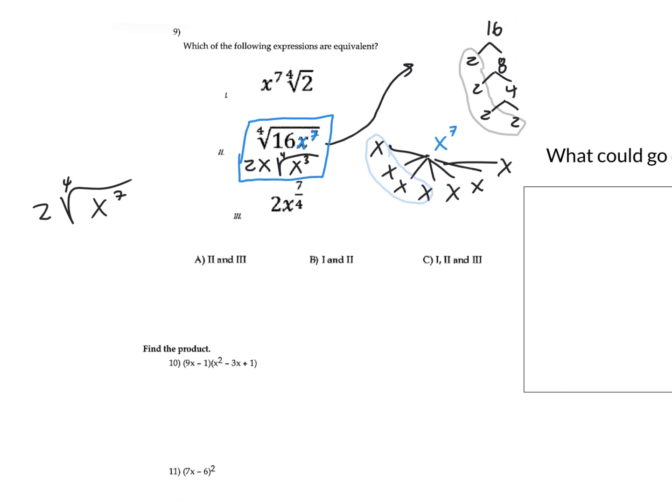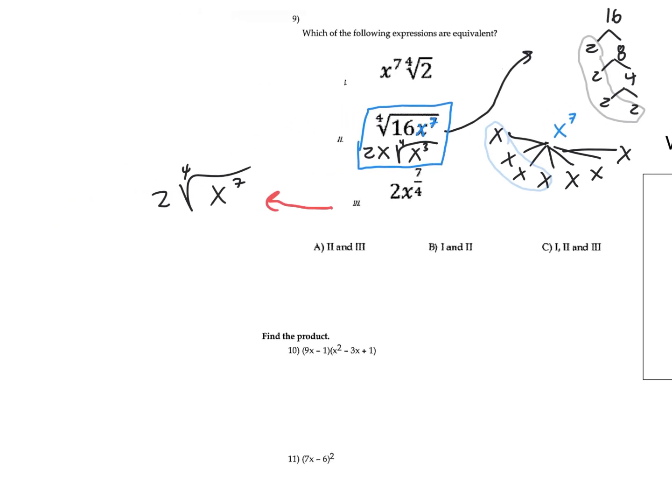Well, as it pertains to Roman numeral 3, hopefully we're seeing that we have an x to the 7th. Now, we had that before under the radical. We already decided it turns into this situation, which means 1 x gets out, and then 3 of these are left. So let's do that right now. We'll take an x out, and then 3 are left.